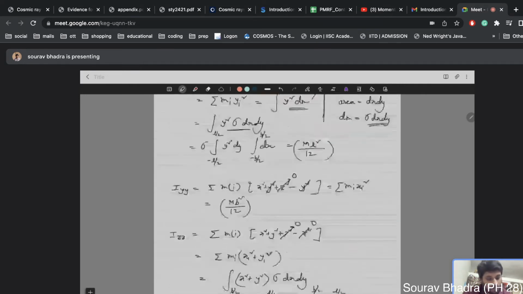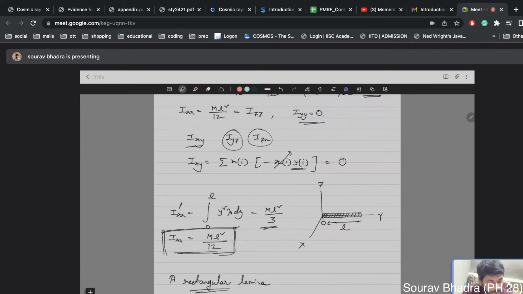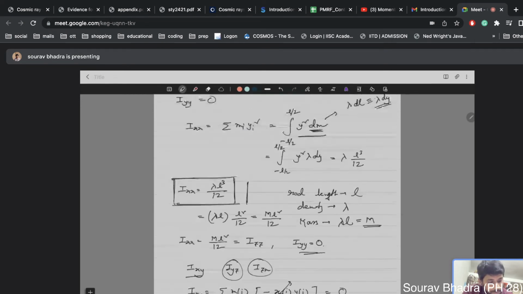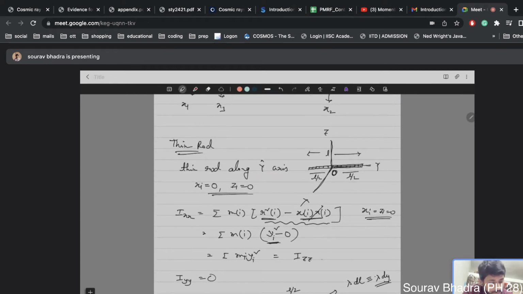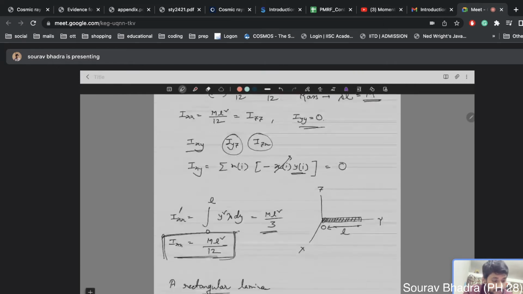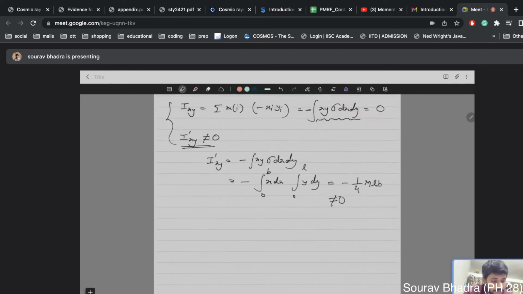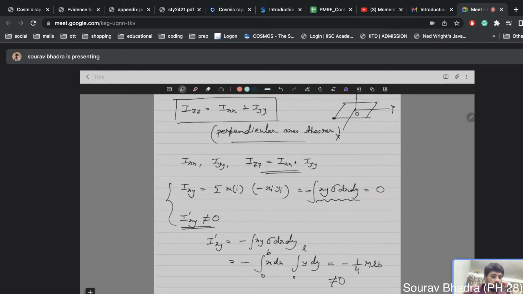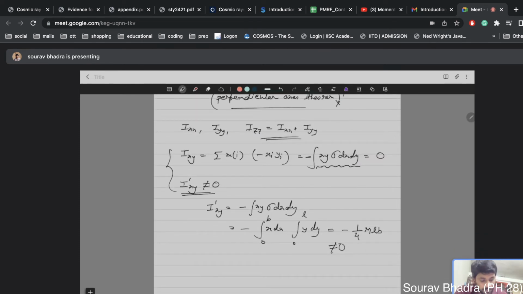So for this particular rod, if you shift your O point to the edge of the rod, then also you will get your cross product Ixy as 0. But in this case, you are not getting 0, you are getting a non-zero value. So you have to calculate, you cannot just write it.